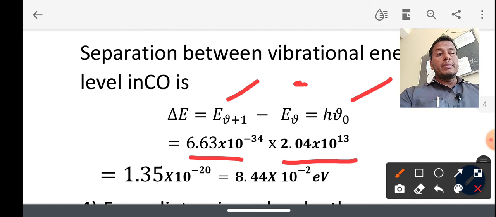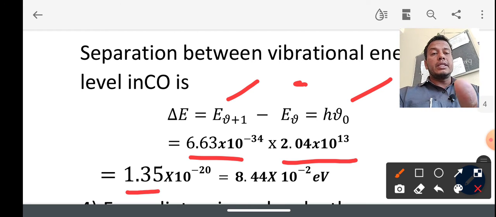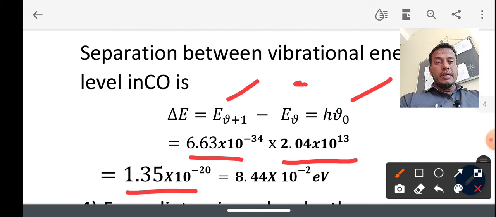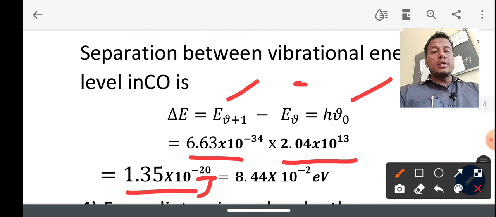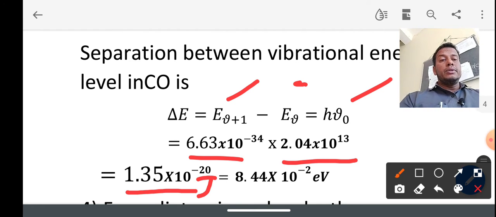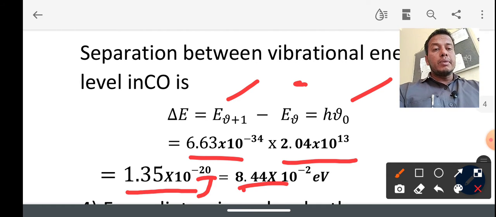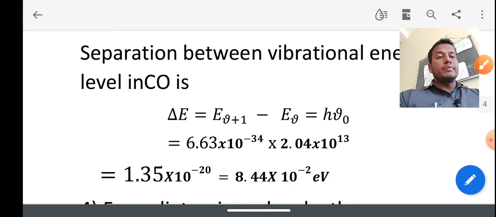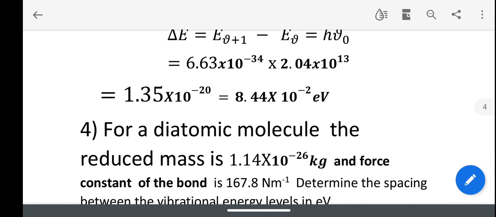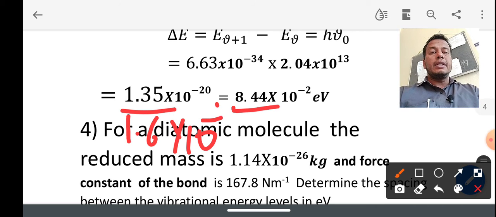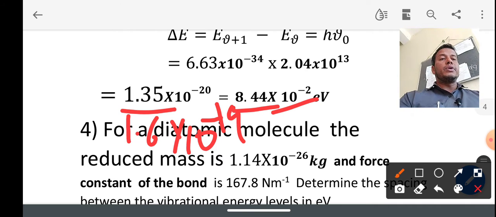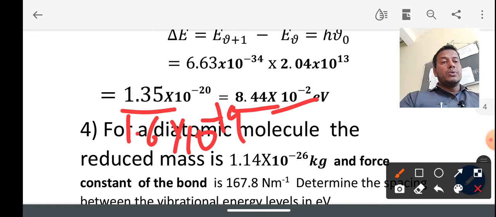So put this value and multiply, we get 1.3 into 10 to the power of minus 20 joule. And dividing by the electron charge value, 1.6 into 10 to the power of minus 19, you get 8.44 into 10 to the power of minus 2 eV.